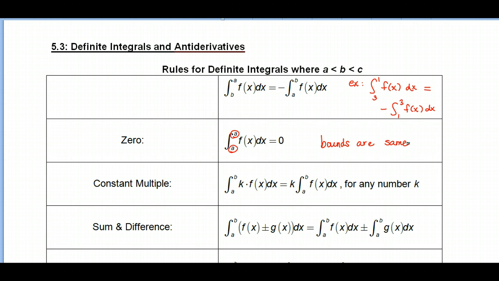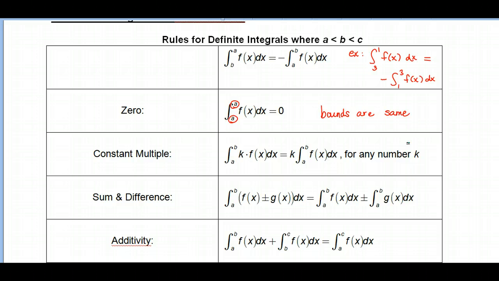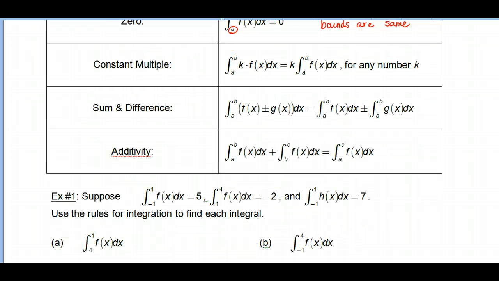Next one, constant multiple. If we have a coefficient out in front, we can put it outside the integral. That's all. Sum and difference: the integral can be distributed. If there's a plus or a minus sign in between, you could distribute the integral to both parts.